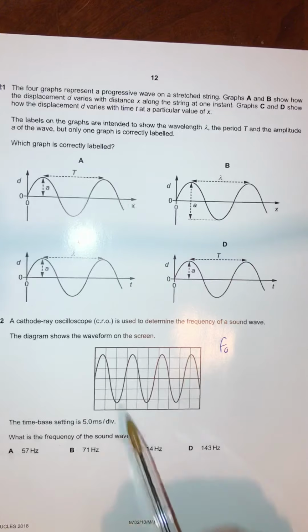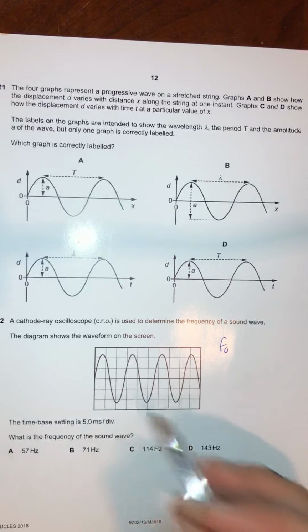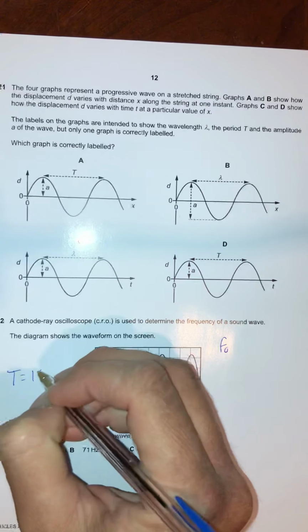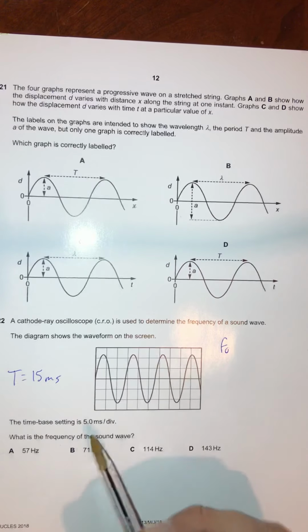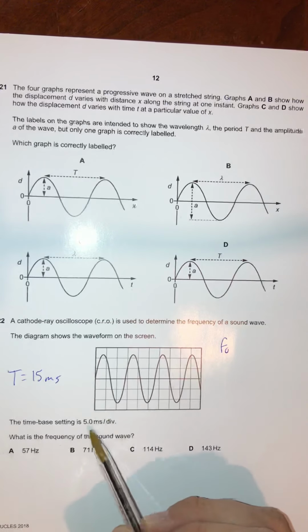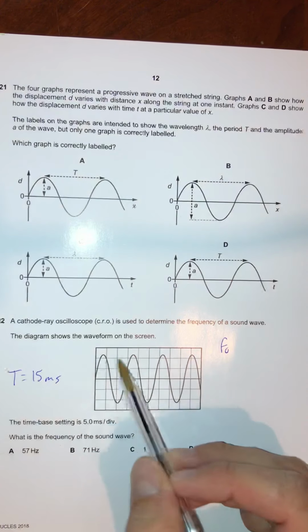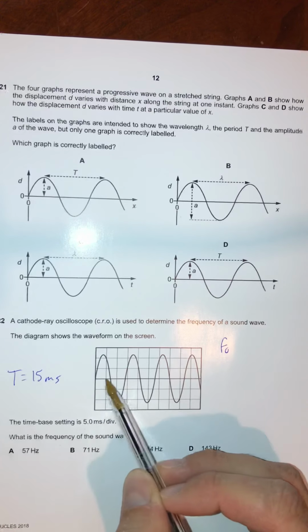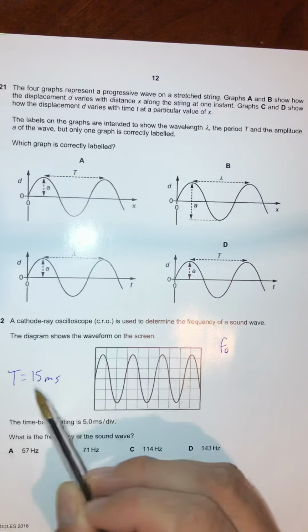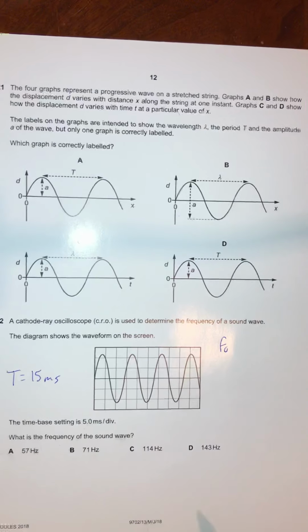It's not quite perfect, but a time period of 15 milliseconds would probably give us close enough to the correct answer that we'd be able to choose it. I'll show you a more formal way to go about these calculations also. But to keep it simple, we see one wave here, from where the wave begins to where it begins to repeat. That's about 3 squares, so the time per wave would be about 15 milliseconds.